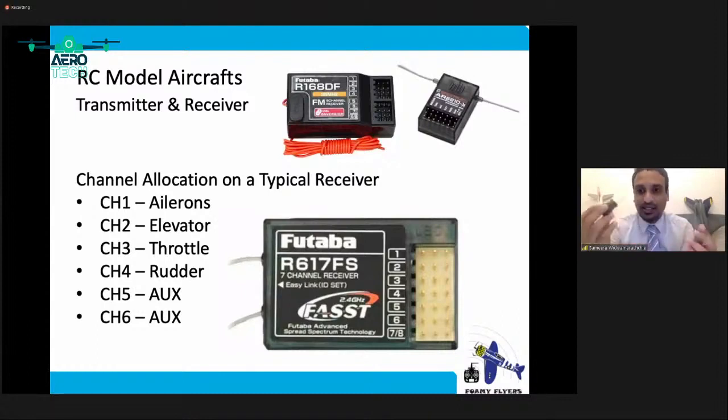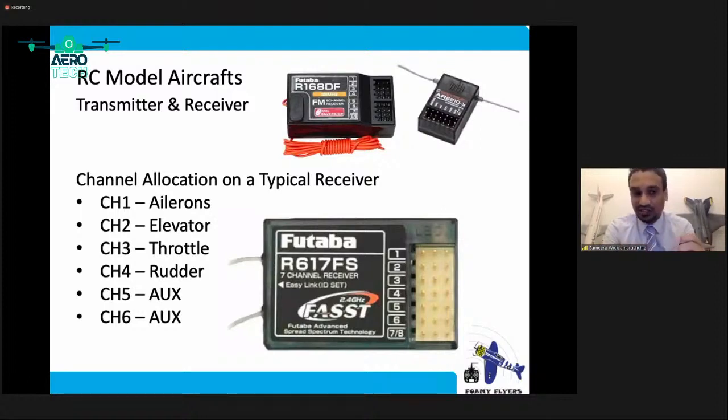Like I said, you might have a normal receiver which has 4 channels, but in this particular case, you have more channels here, which are also numbered. Normally, this is how receivers are numbered. You have 1 to 4, where channel 1 is always ailerons, channel 2 is elevator, channel 3 is throttle, and channel 4 is rudder.